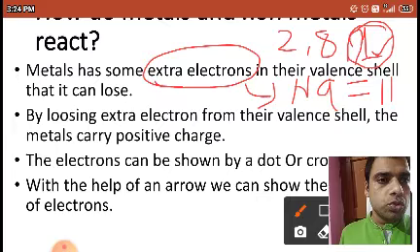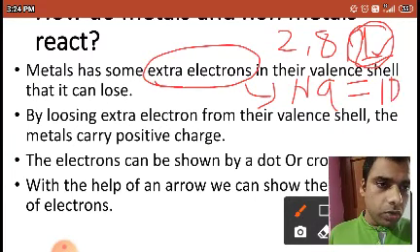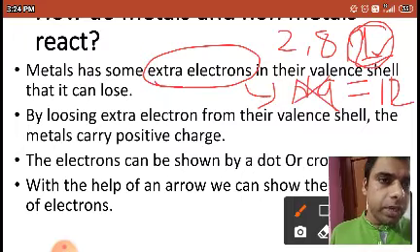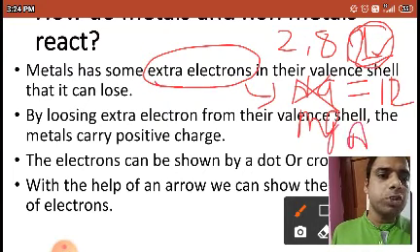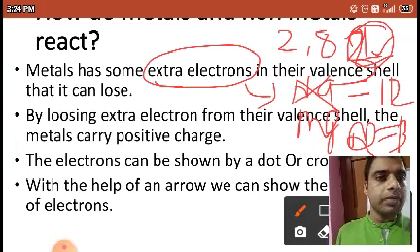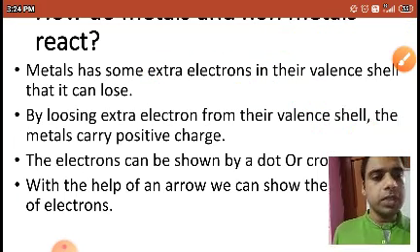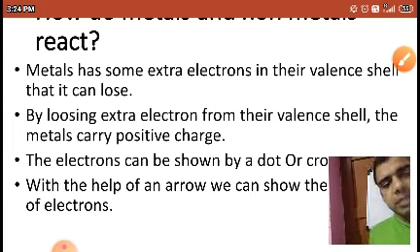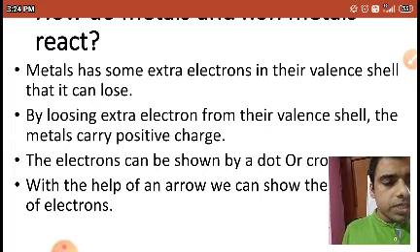If I write 2 valence electrons, the atomic number will also increase, and the element will be magnesium. If I write aluminum, the atomic number is 13, and hence it has 3 valence electrons. One valence electron is for sodium, 2 for magnesium, and 3 for aluminum. You should know this.